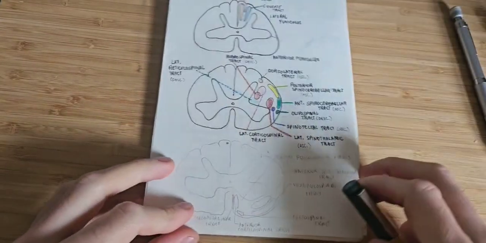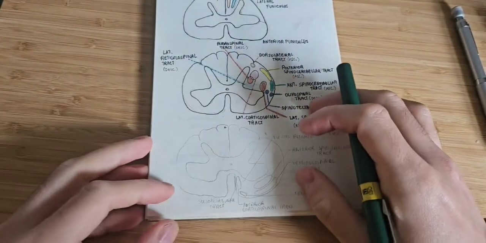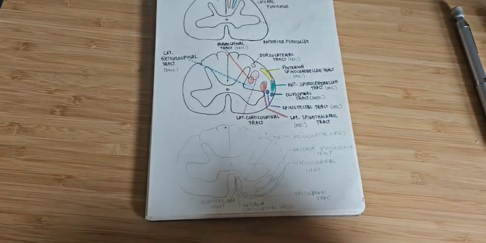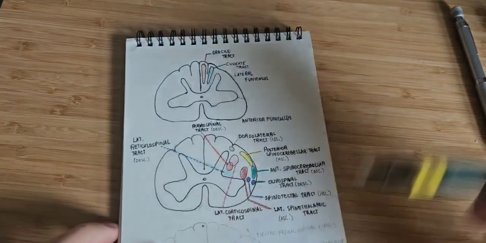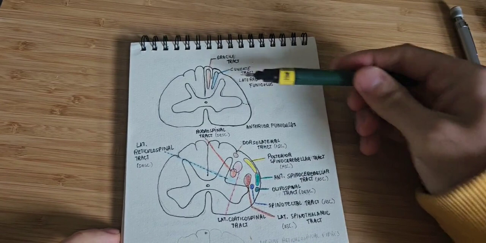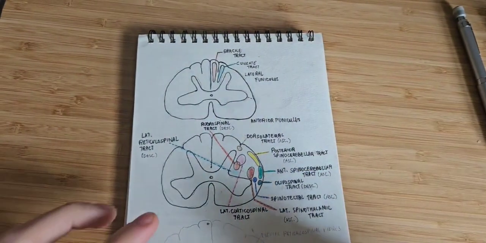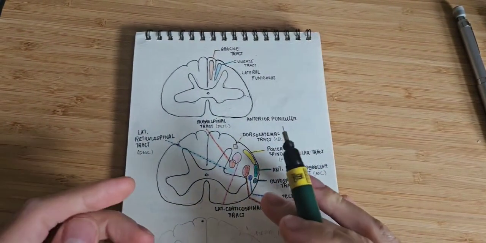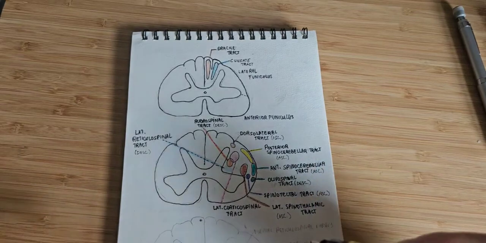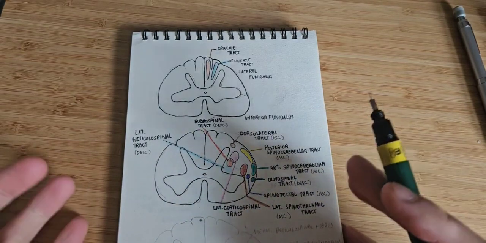Okay, guys, short live to talk about the anterior funiculus. I already talked about the posterior funiculus and the lateral funiculus, and now we're gonna talk about the anterior funiculus. The anterior funiculus primarily contains descending tracts.